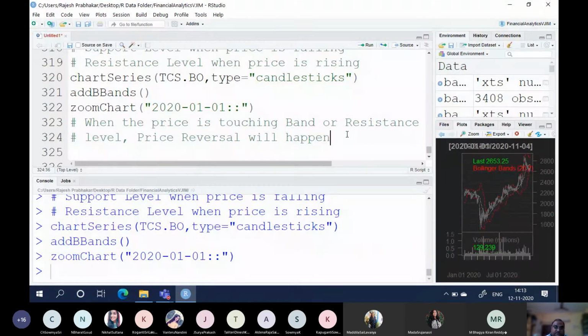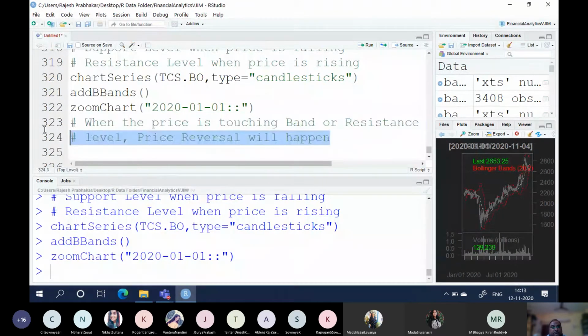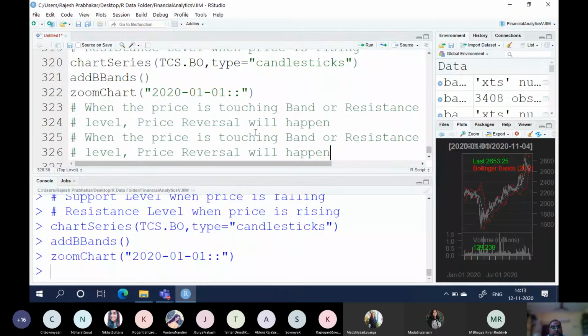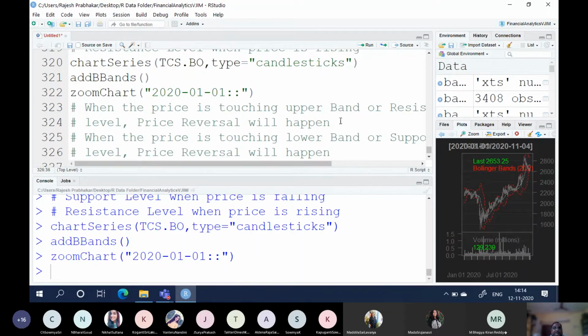You can also say upper band. Here we have to say lower band or support level. Price reversal will happen.